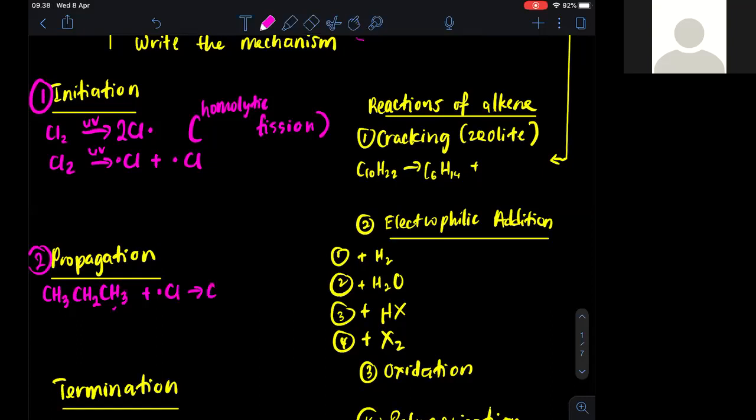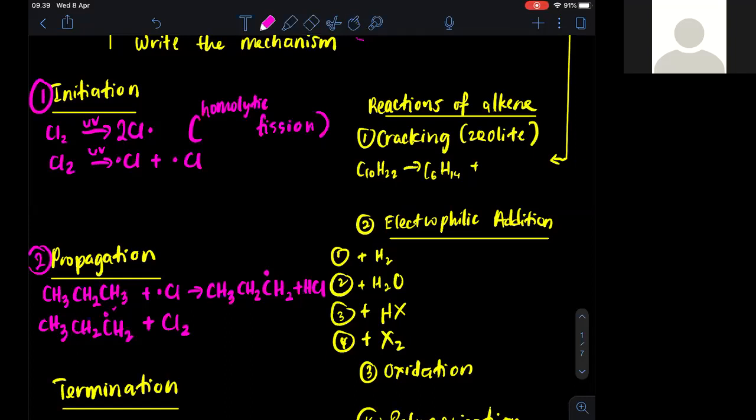So in this case, CH3, CH2, CH2, the hydrogen came out to give you HCl. You are going to get a free radical over here; you can see the dot. What is next? You have CH3, CH2, CH2 free radical. It will react with a neutral molecule of Cl2 available.